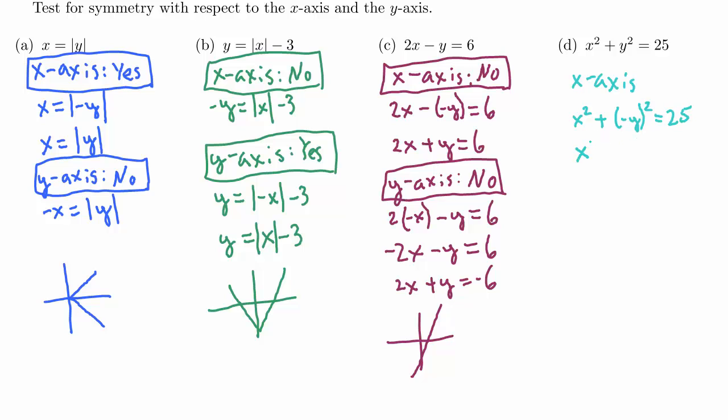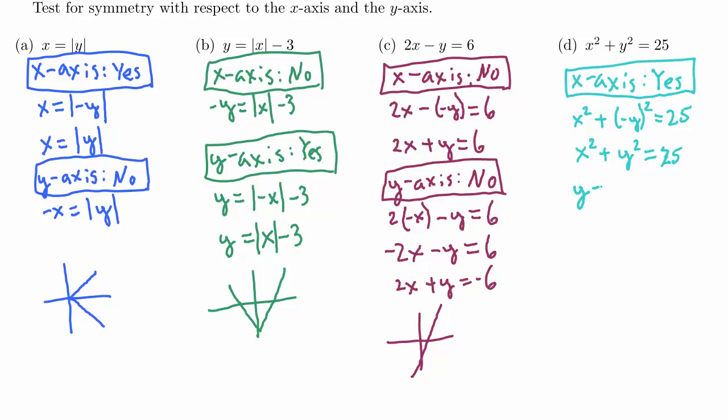And whenever I simplify, that gives me x squared plus y squared equals 25. Notice this is the same as the original equation, therefore, yes, this is symmetric with respect to the x-axis.